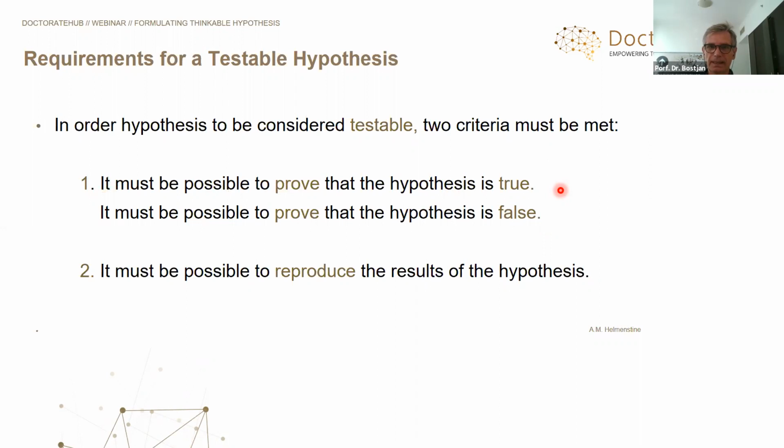And the second criterion is that we are able to reproduce the results of the hypothesis, because we can even expect that other researchers might follow our study to see whether it is true in their industry or environment. Reproduce means that if they take the same data set, they will get the same results. So that has to be there.